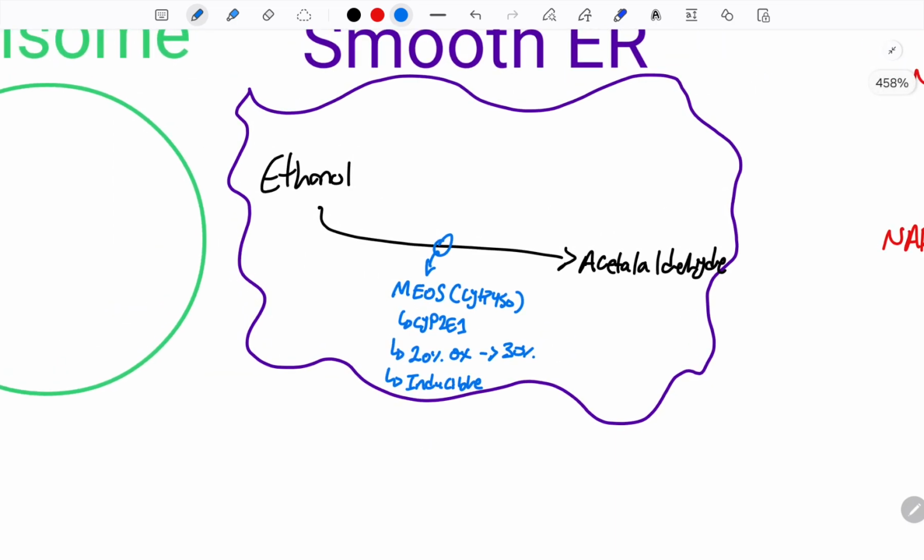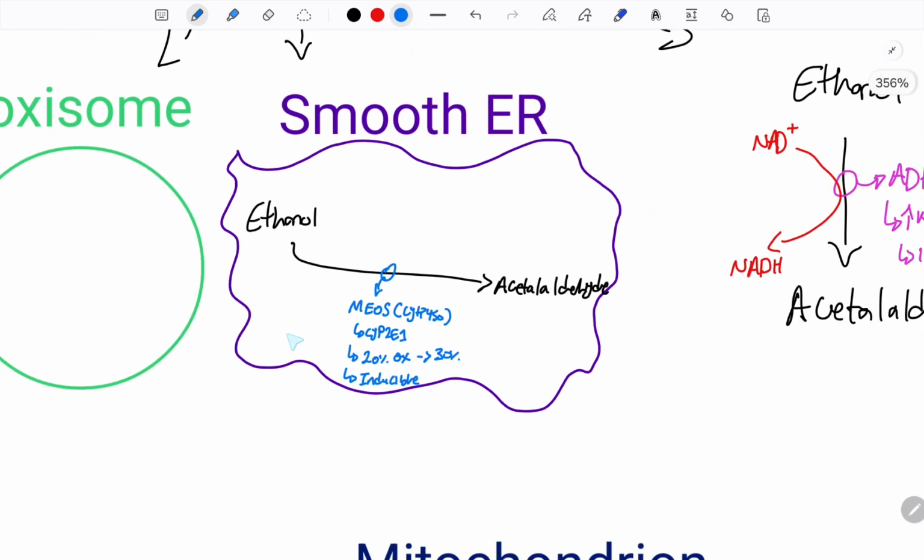I mean that excess alcohol consumption can lead to the upregulation of many of the enzymes involved in this MEOS pathway, and that could lead to alcohol tolerance. What this means is, over time, you would have to drink more alcohol to essentially get drunk.